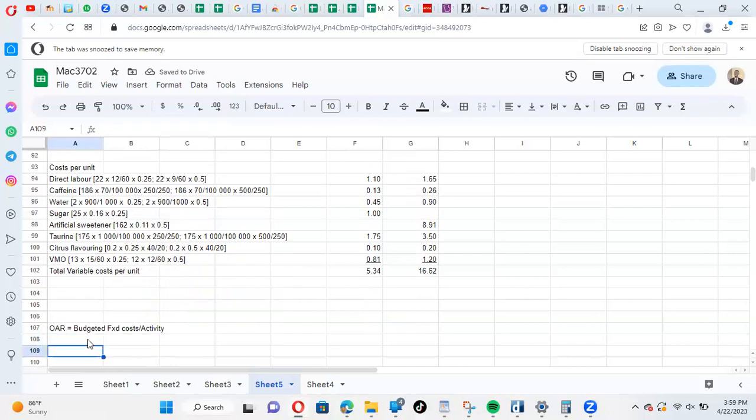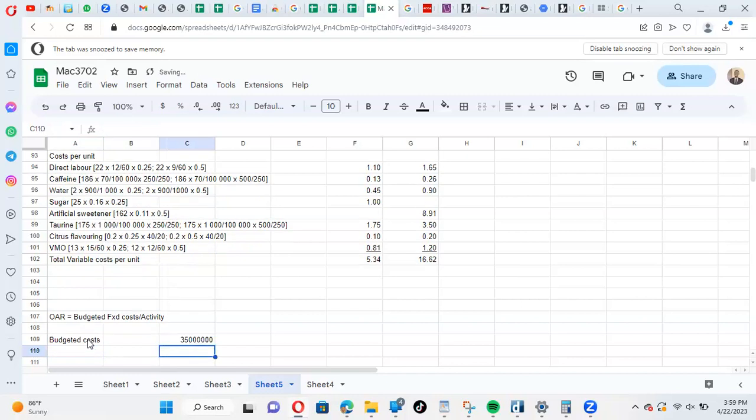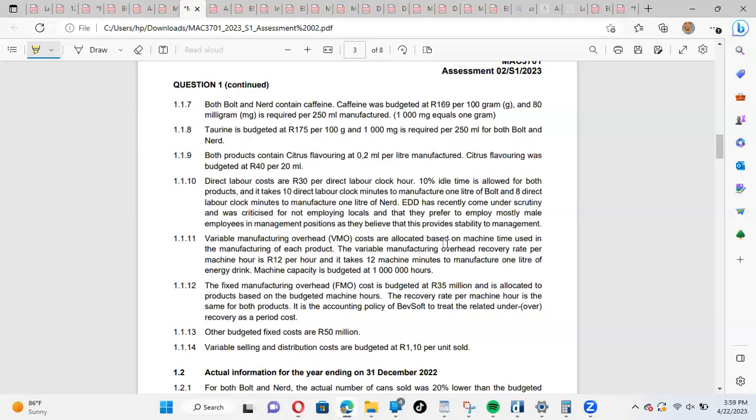What are our budgeted fixed costs? 35 million, is it? Yes. Let's put that down there. That's 35 million. And then there are the other budgeted fixed costs of 50 million. Let's recheck them because we only need the manufacturing ones. Those ones are probably selling or something like that.